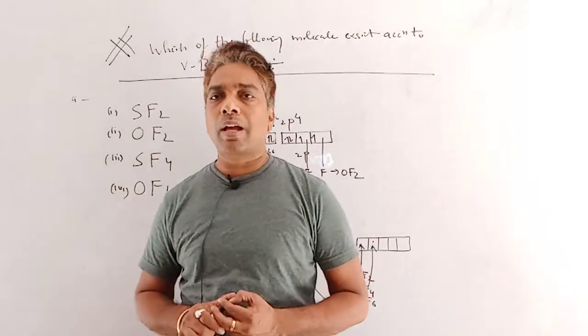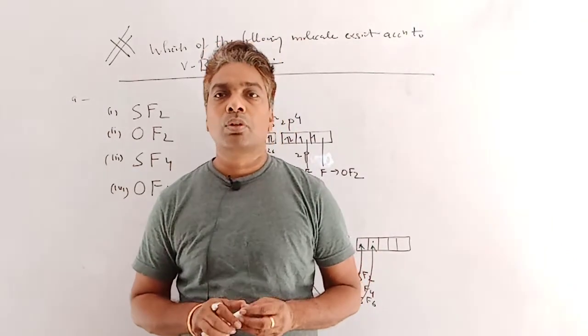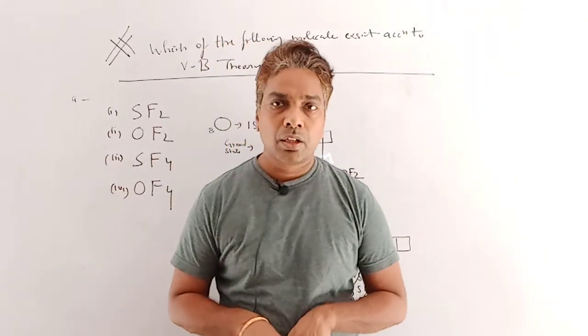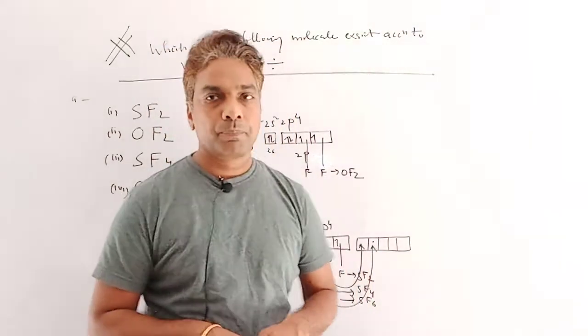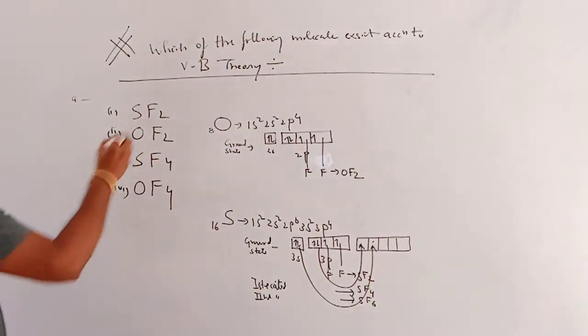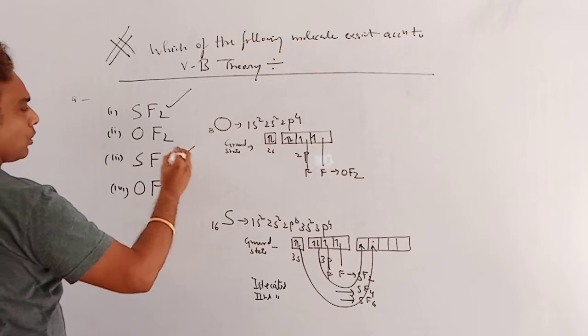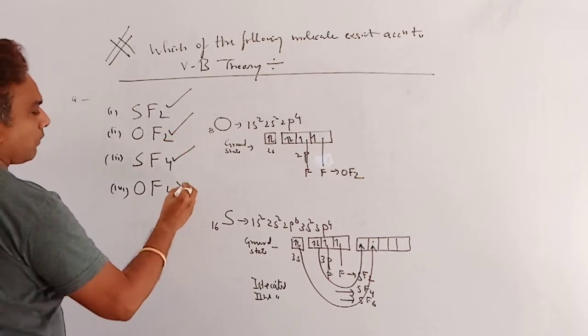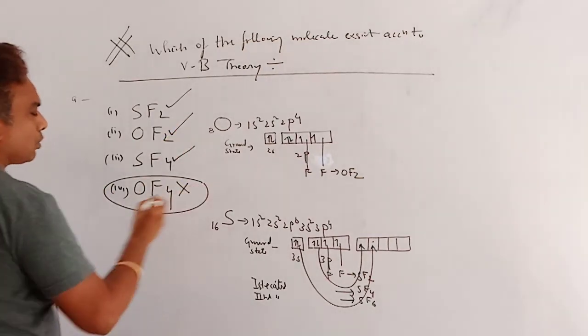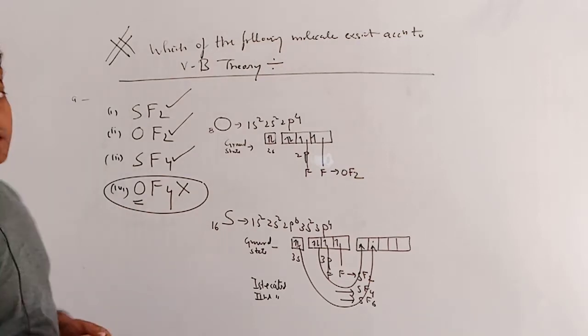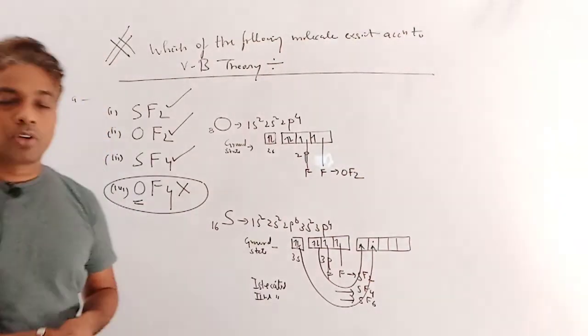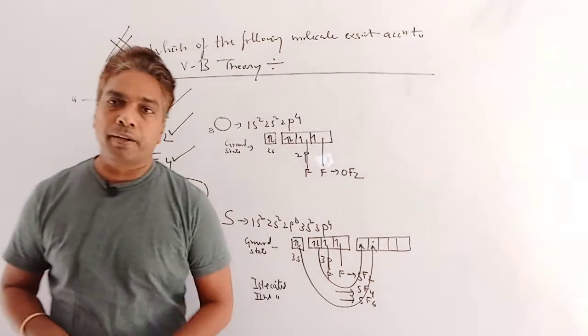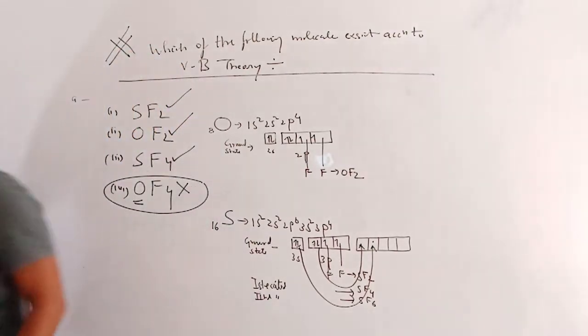OF4 and OF6 do not exist due to the absence of a vacant d subshell. Clear? So the answer will be SF2, SF4, OF2, but OF4 does not exist due to the absence of a d subshell in the case of oxygen. Clear?